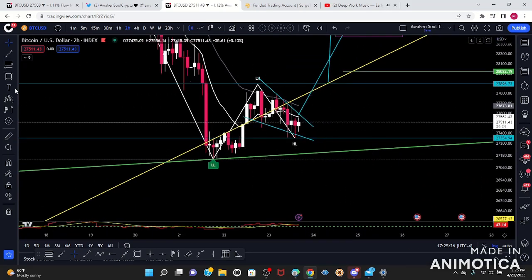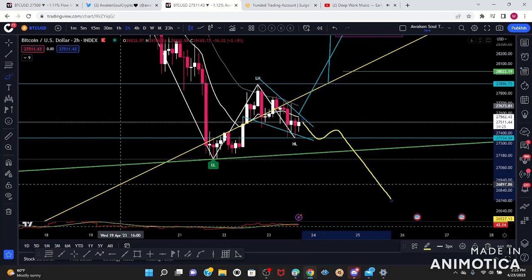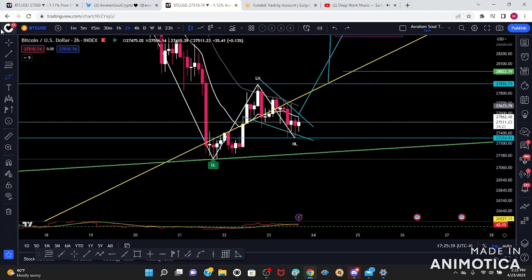So if we were to break to the downside, we could definitely just start, and boom, making a head and shoulders. You see it? I hope you see it. So this could be a play too.